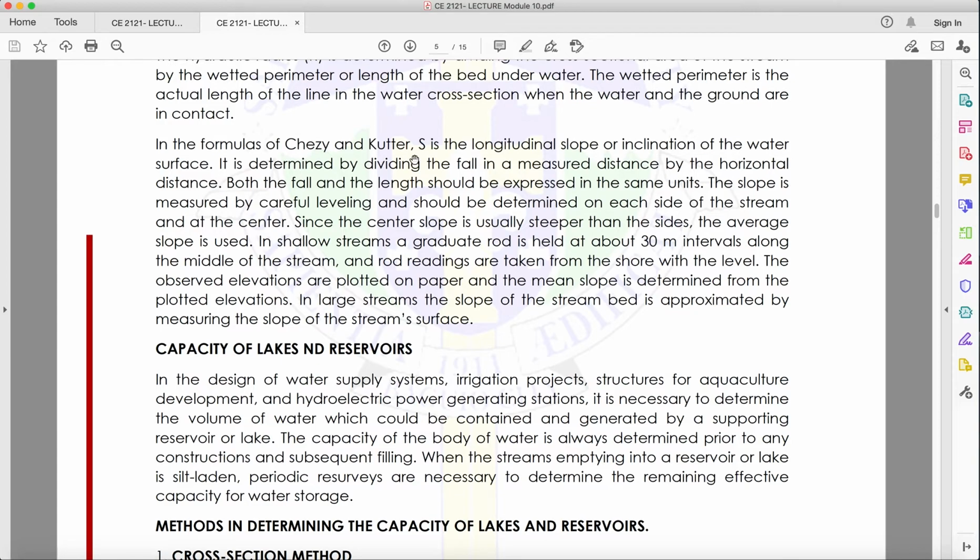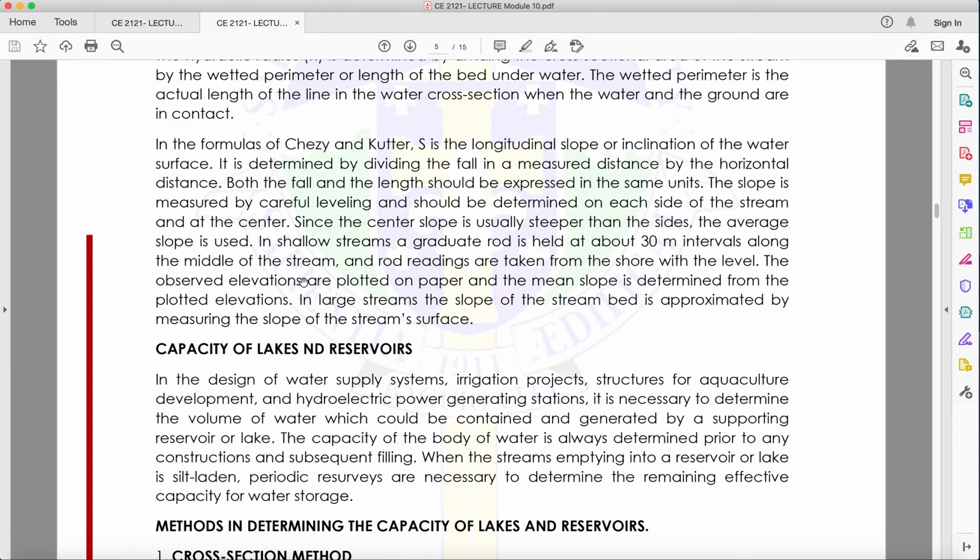I believe you already know how to determine S given a problem. Both the fall and the length should be expressed in the same units. The slope is measured by careful leveling and should be determined on each side of the stream and at the center. Since the center slope is usually steeper than the sides, the average slope is used, so we average them.